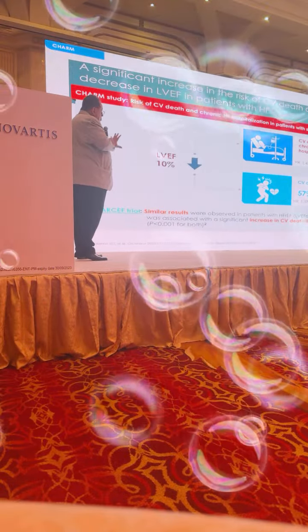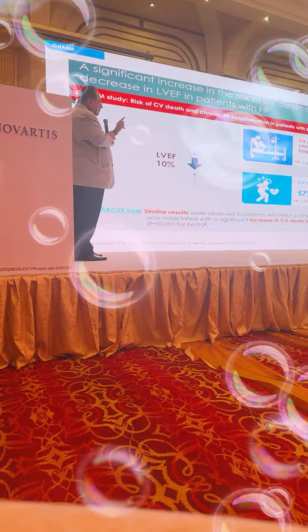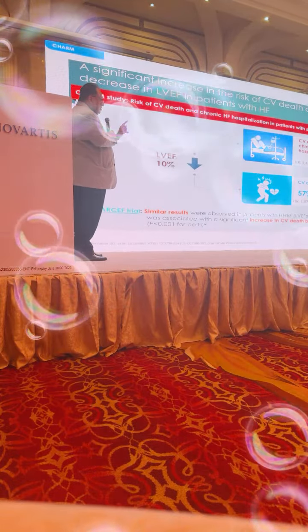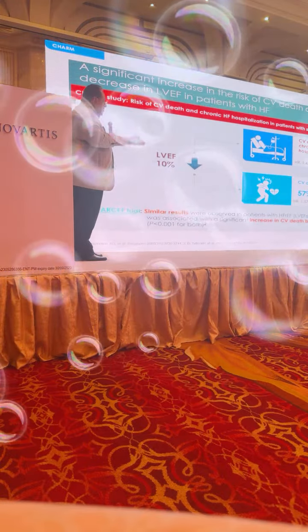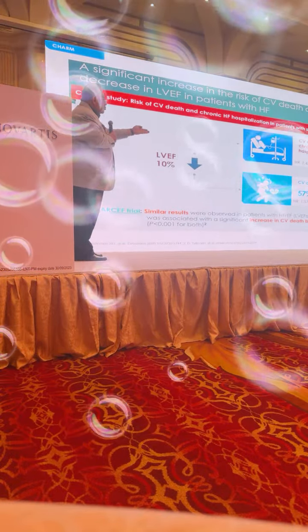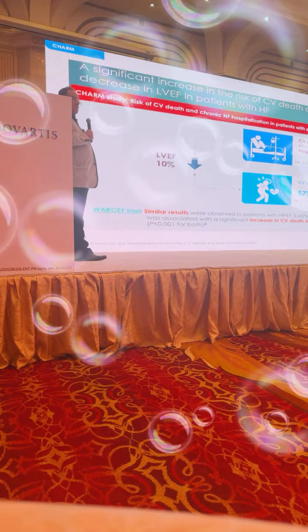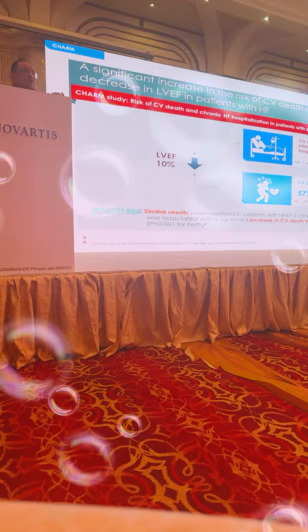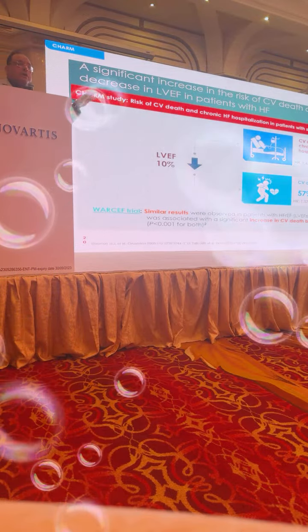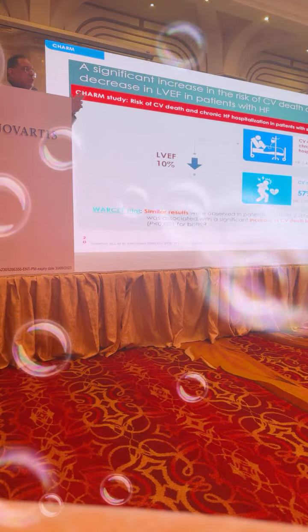Similar result, approximately the same, but if your patient's ejection fraction drops to less than 20, you see 48% and heart failure hospitalization 52%. So we need medication, we need instrumentation, we need intervention, we need pharmacology to act as anti-remodeling therapy.